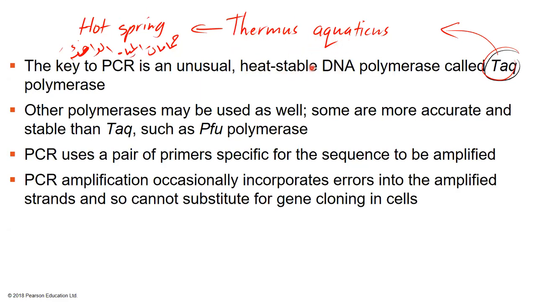They are not destroyed by high temperatures. Okay. We have other polymerases like Pfu. This is from another organism. The Pfu is from Pyrococcus, the name of the organism from which this enzyme is taken.